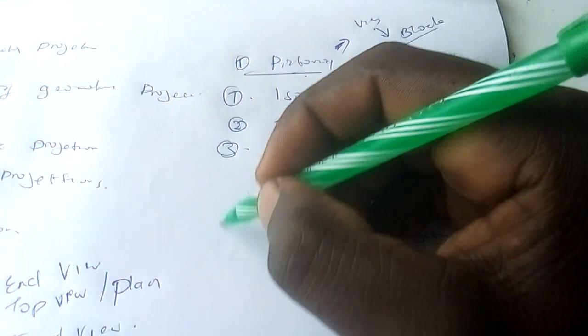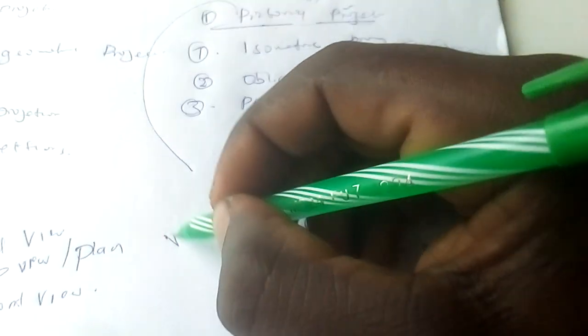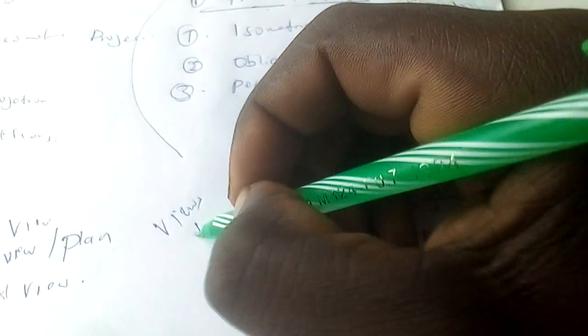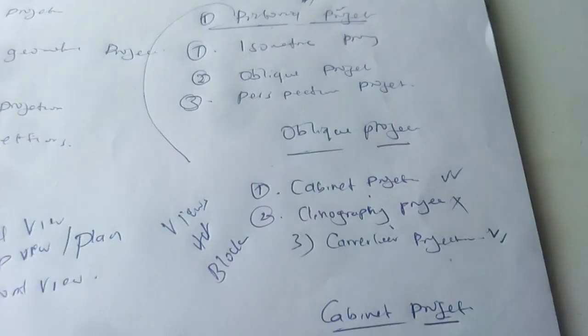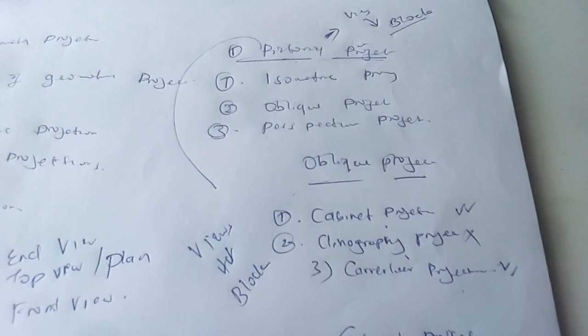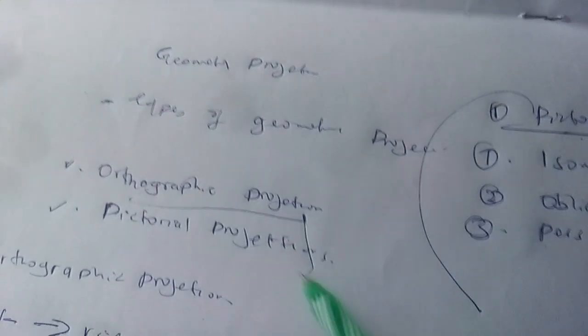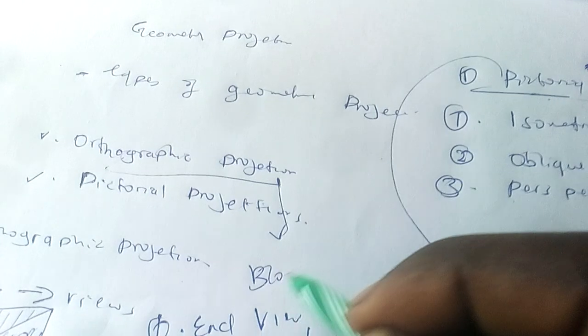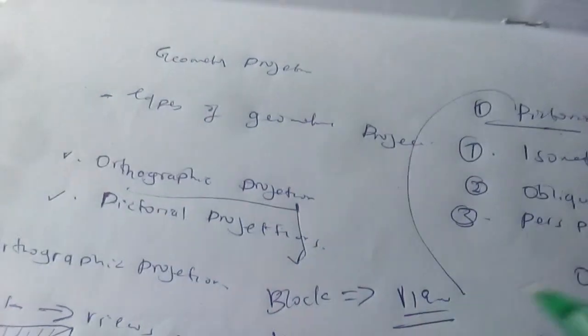Remember, in pictorial projection, you are given views and you come up with a block. Then in orthographic projection, you are given a block and you come up with the views. And this is our topic of today.